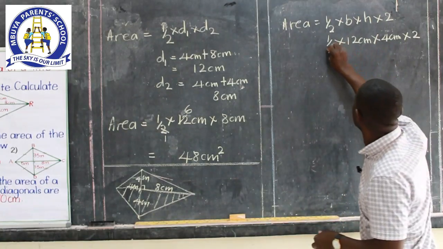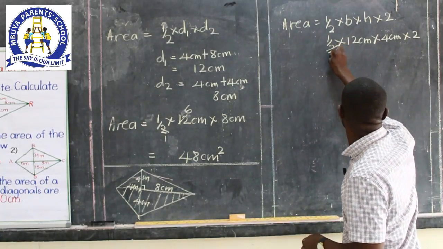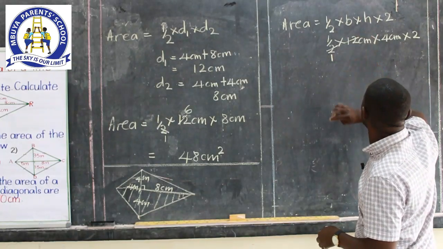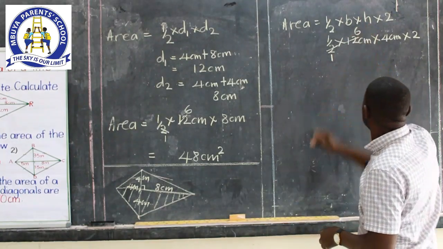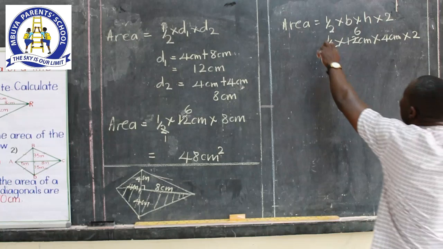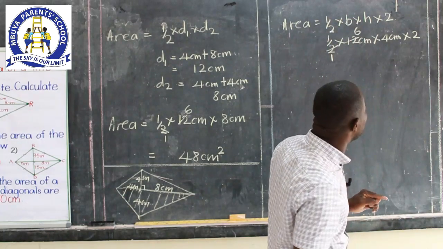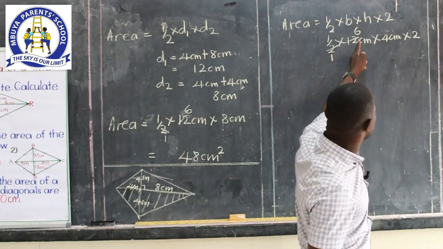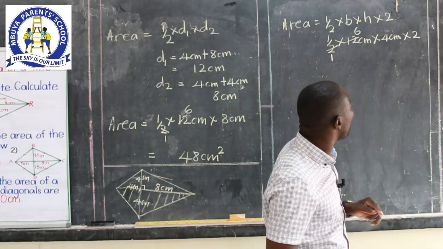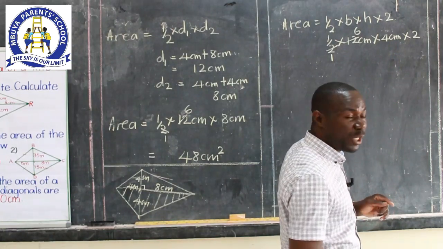So we shall have 2 divided by 2, 1, and 12 divided by 2 is 6. 1 times 6 centimeters, I get 6 centimeters. And 6 times 4 centimeters, I will get 24 square centimeters.